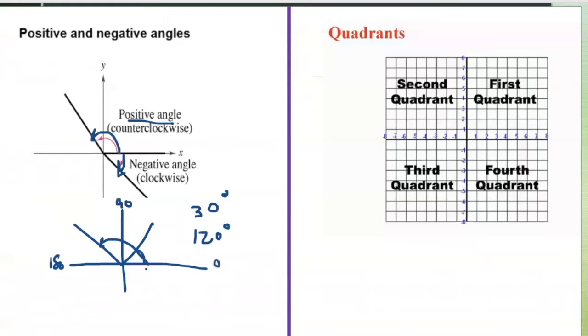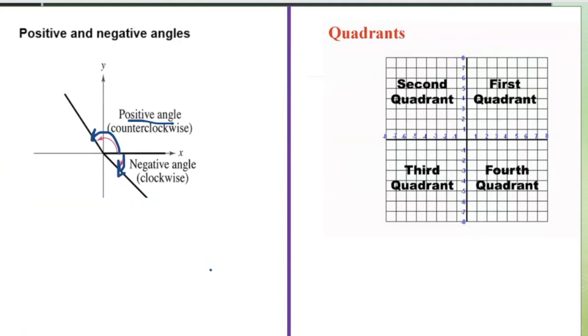If I get a larger number, say for example 230 degrees, 230 degrees will fall between 180 and 270. So going in a counterclockwise direction, from 0 to the line, I have 230 degrees.